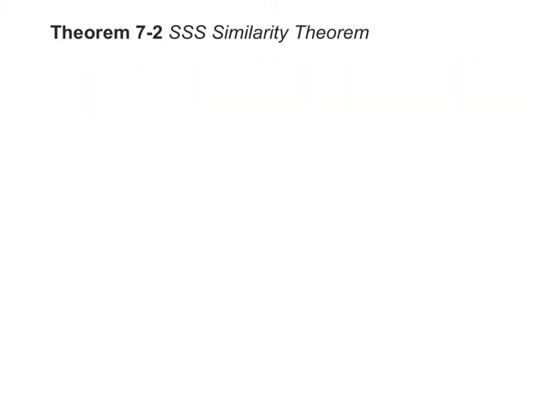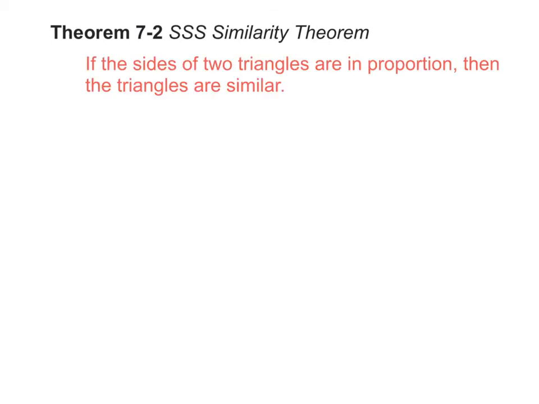The next theorem is Theorem 7-2, which is the SSS Similarity Theorem. And the wording of this theorem says, if the sides of two triangles are in proportion, then the triangles are similar. So what they're saying here is that all three corresponding sides have to be in proportion, then the triangles are similar.